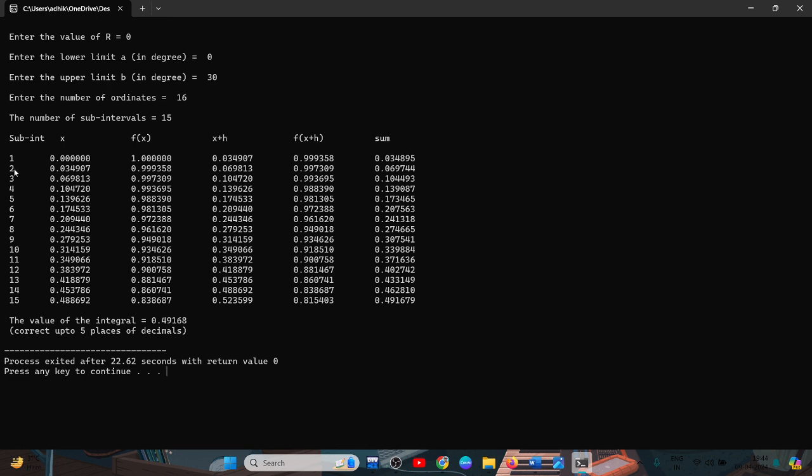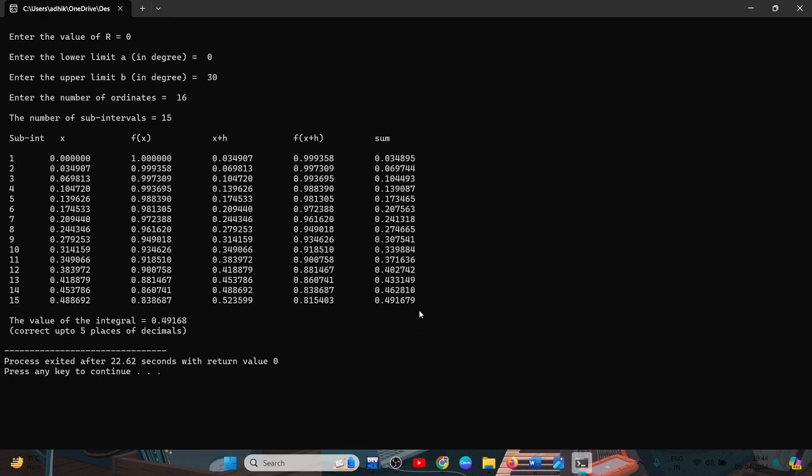Next, in the second subinterval, this is x1 with the value of fx1, and this is x2 with the value of fx2. So this sum is the sum of the subinterval x1 and x2 plus the previous subinterval sum. So the second subinterval sum is the first subinterval sum plus the second subinterval sum, and in this way there are 15 subintervals.